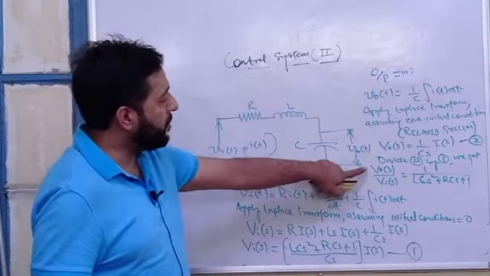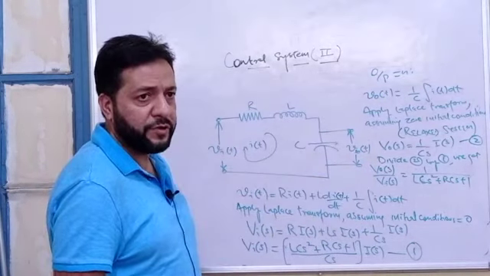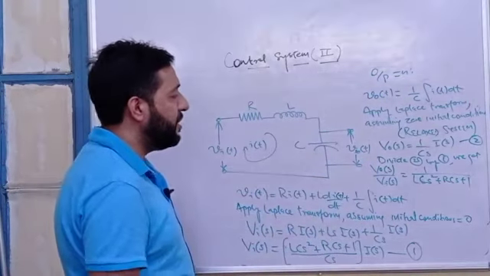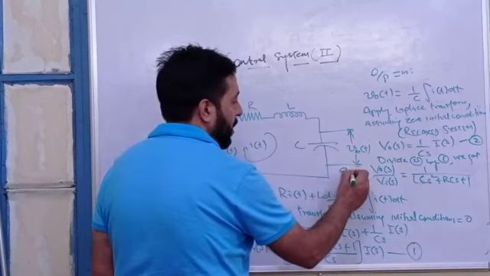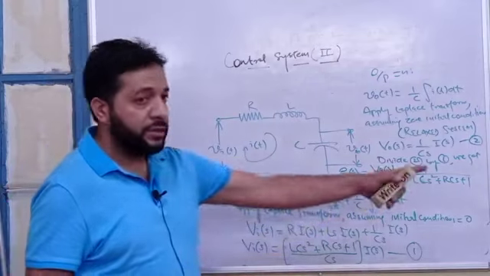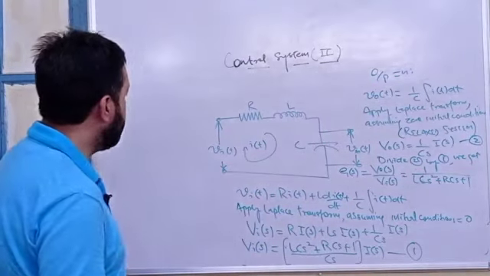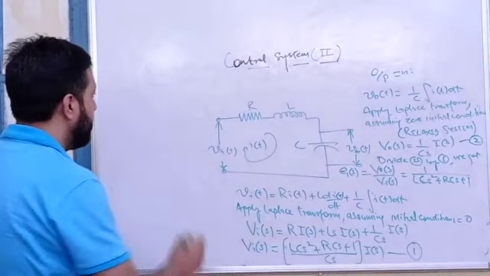So this is the ratio of the Laplace transform of the output variable to the Laplace transform of the input variable. So this is the transfer function, and we in general represent it as GS. This is the transfer function of the system, and it can always be expressed in block form like this.